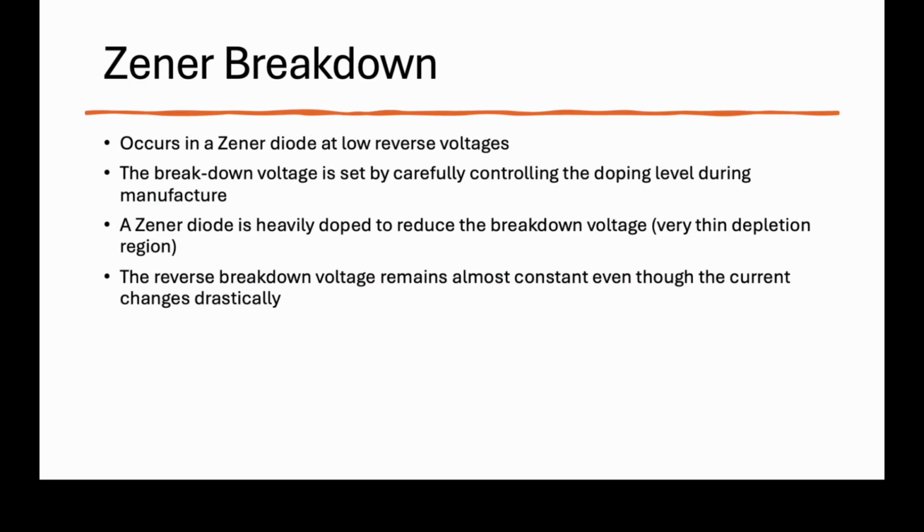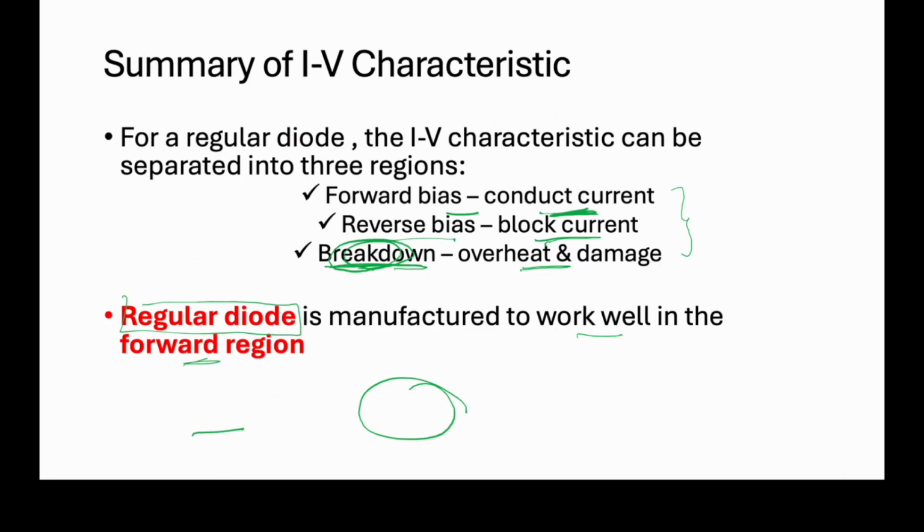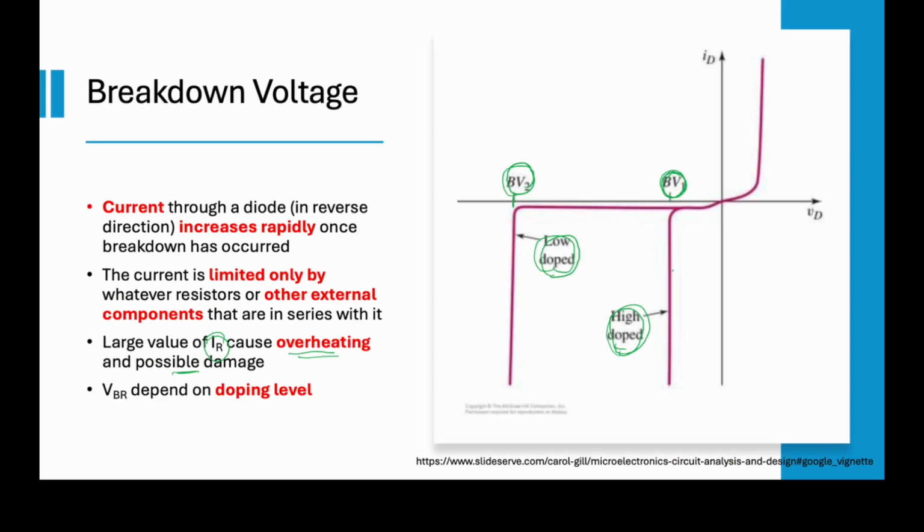Zener breakdown occurs in a Zener diode at low reverse voltage. The breakdown voltage is set by carefully controlling the doping level. A Zener diode is heavily doped to reduce the breakdown voltage. Still remember the one that we discussed earlier: when the doping level is high, this voltage becomes lower compared to low doping.